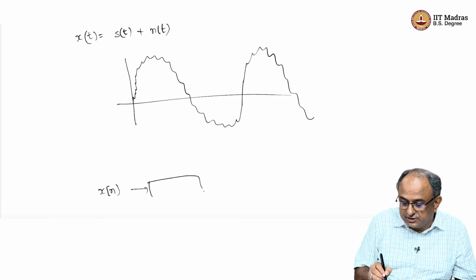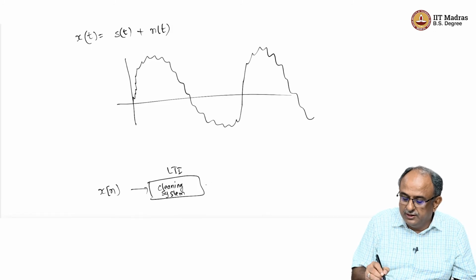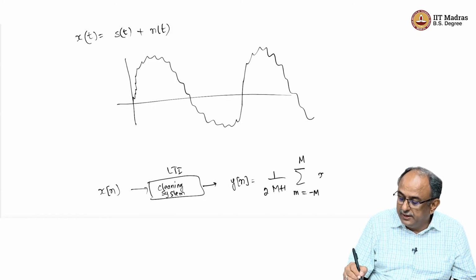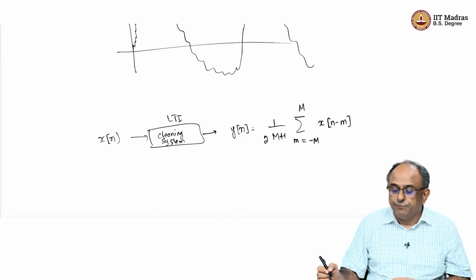So, I have a system which is a cleaning system, and let me assume it is LTI, okay, for some reason, and I give y of n equals 1 by (2M plus 1), I will come to why it comes, summation m equals minus M to capital M of x of n minus m. If I do something like this, what is it doing?